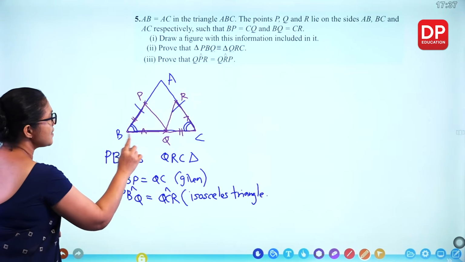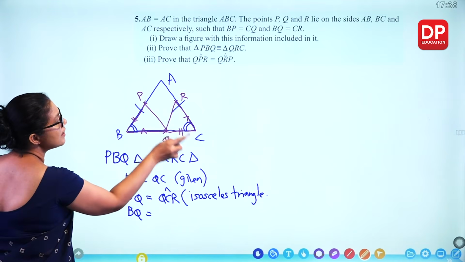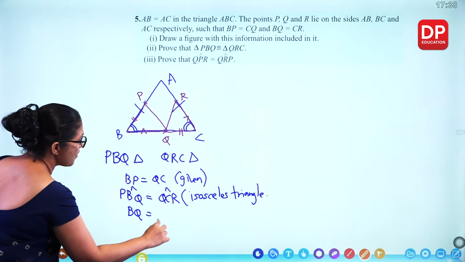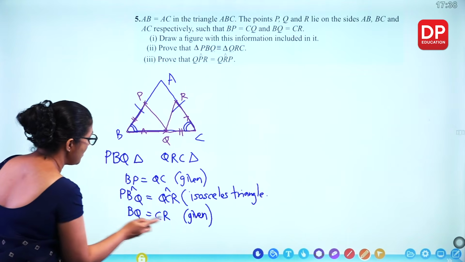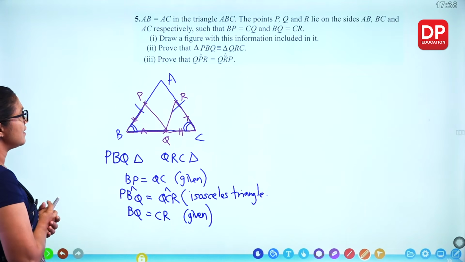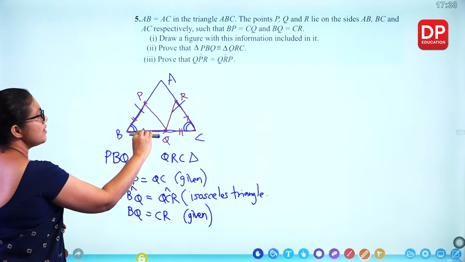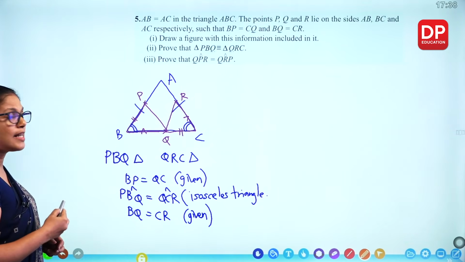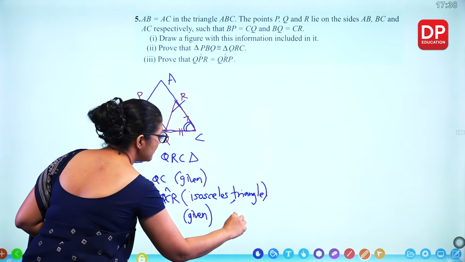And also there's another piece of information. BQ is equal to CR. That's also given. Now we have two lengths and one angle. Now see whether this is the included angle. Yes, to these two sides, this is the included angle.